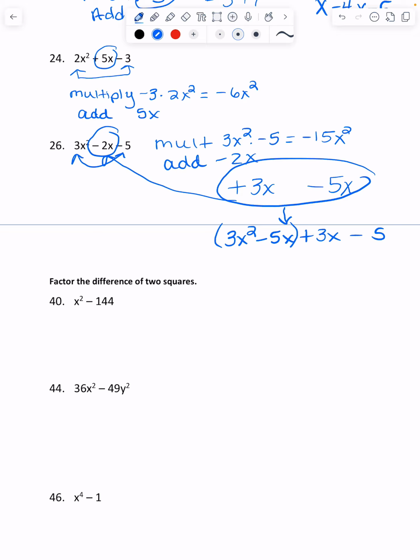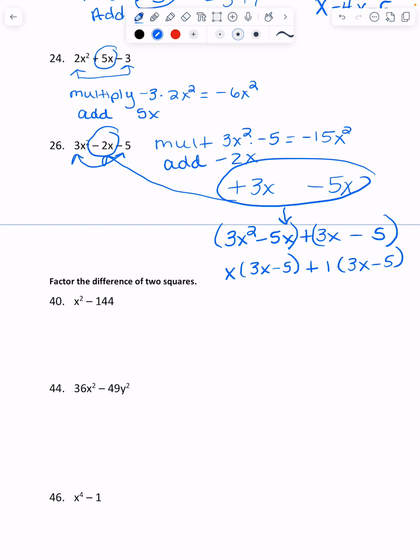So I'm going to group the first two and group the last two. I'm going to take out an x. That leaves me with 3x minus 5. I do not have a GCF between 3x and 5, so I'm going to write this step. What I really have is the GCF is 1.